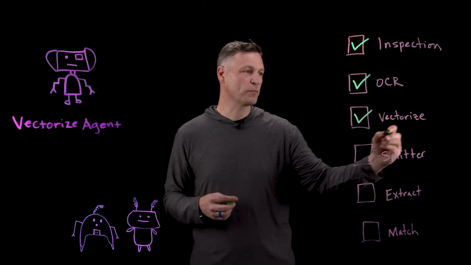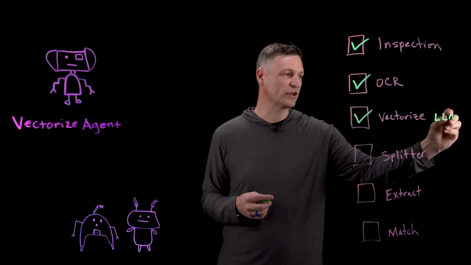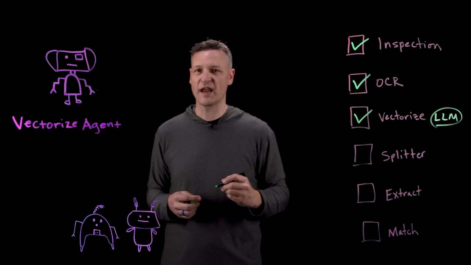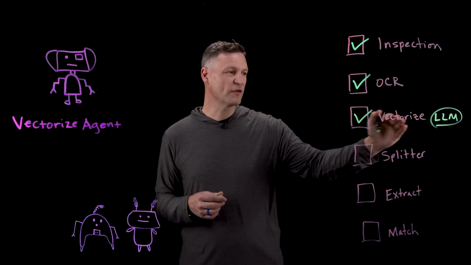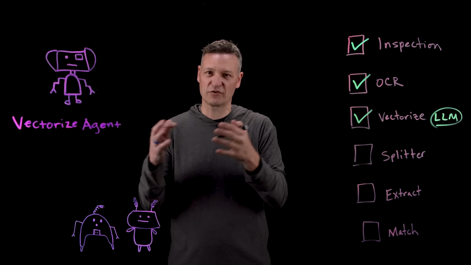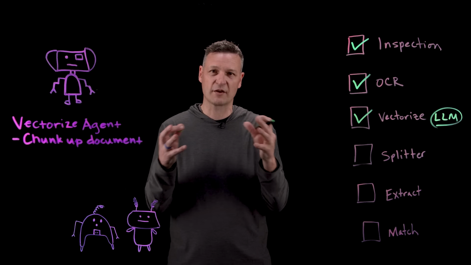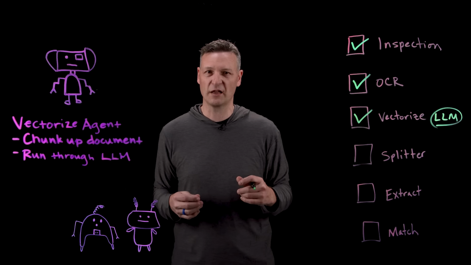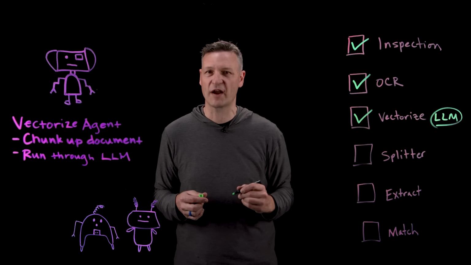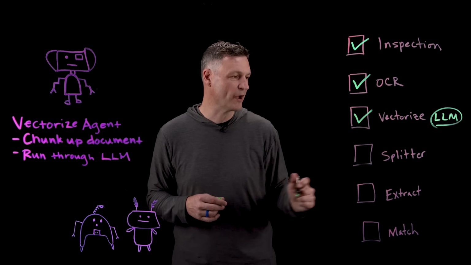The vectorize agent is almost certainly pretty heavily involved with an LLM of our choice. The vectorize agent is going to chunk up our document into tokens and groupings and run it through an LLM to develop some of that vectorized magic that we just spoke about.